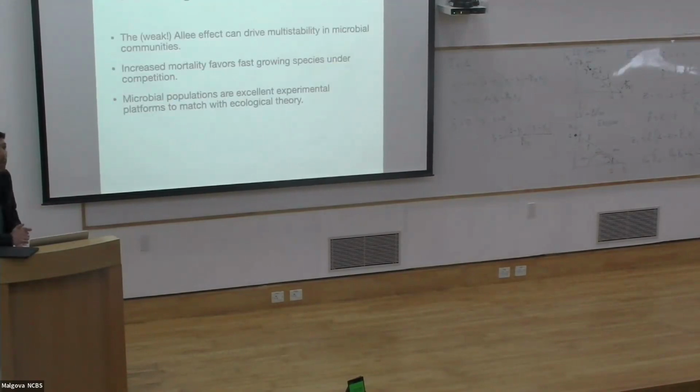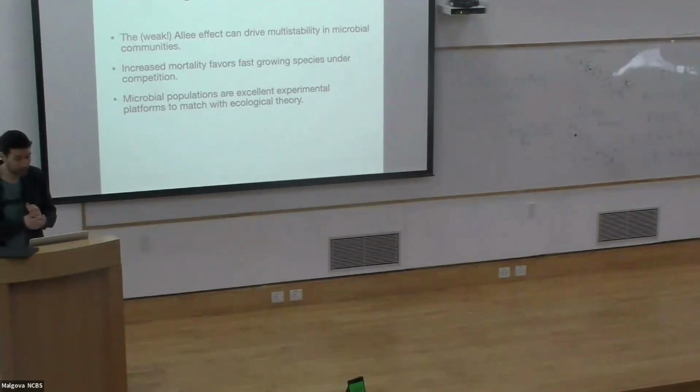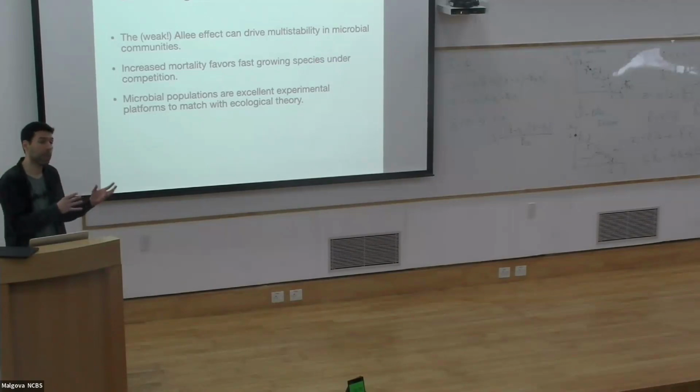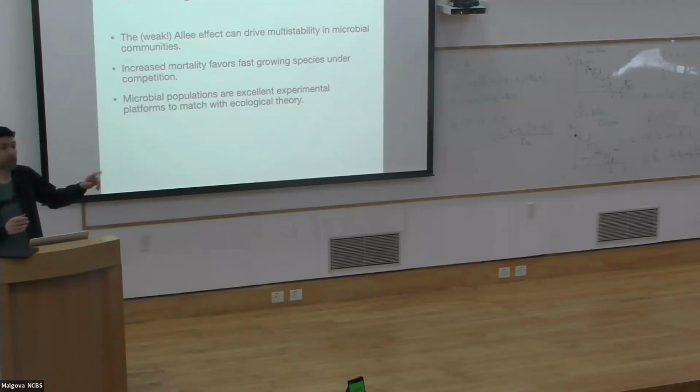And with this, I just wanted to go a little bit through what we did today. The Allee effect can drive multi-stability in microbial communities, even when it is a weak Allee effect, which means that the population by itself is not bistable, but the bistability emerges once we have competition with another species.